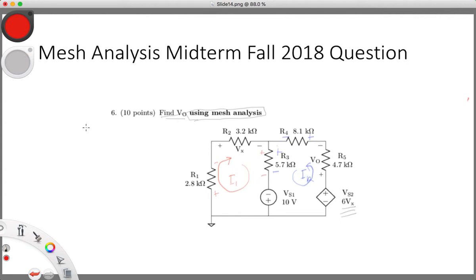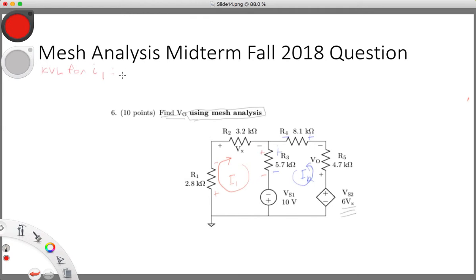So now let's try applying KVL for the I1 loop. Right, so KVL for I1, and that is pretty easy. So I'm going to start down here.